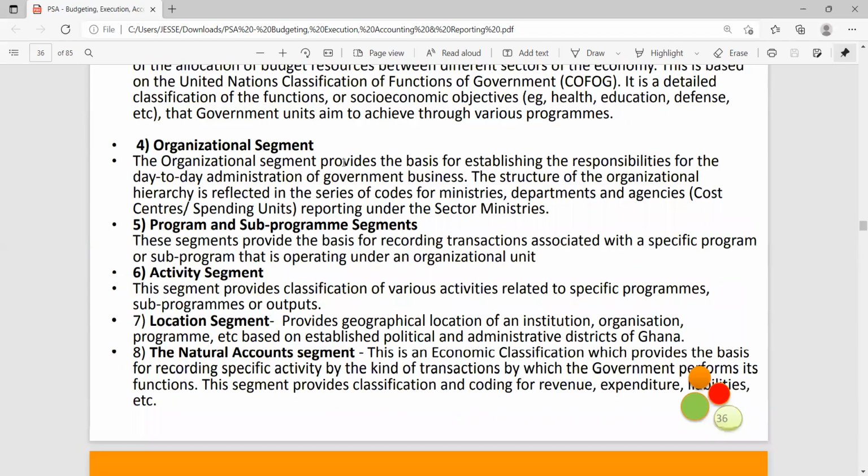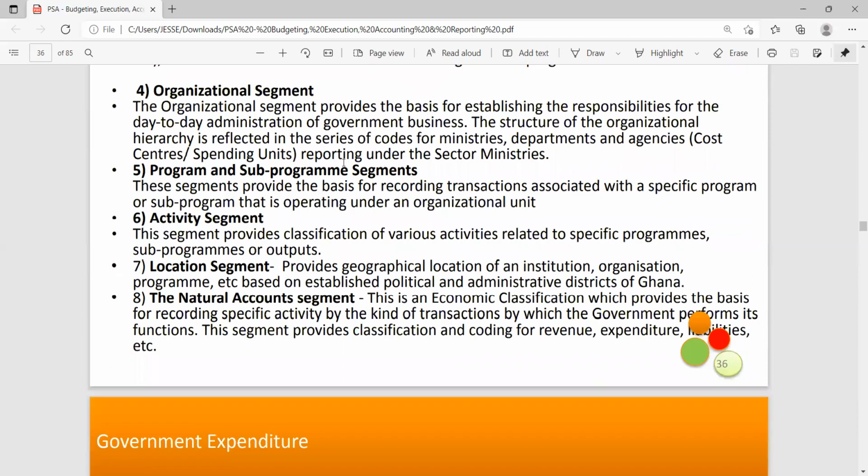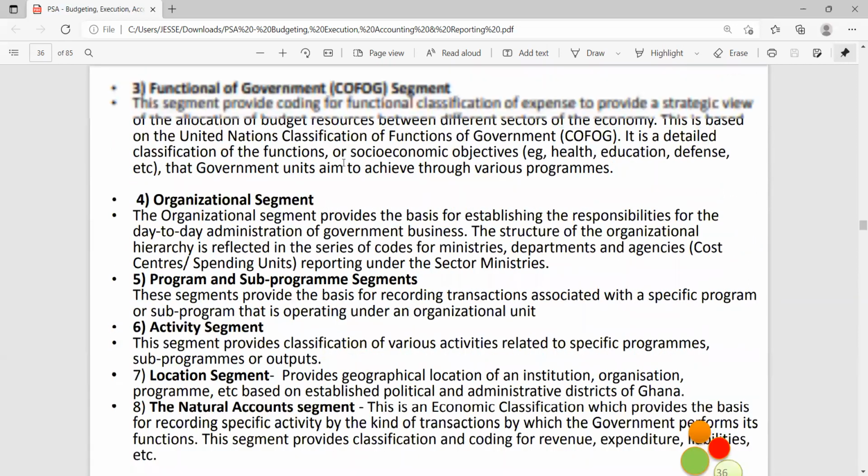They also have what we call the location segment. The location segment provides the geographical location of an institution, organization, or program based on established political and administrative districts of Ghana.